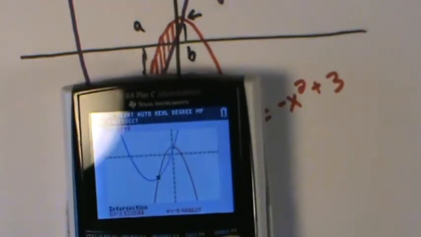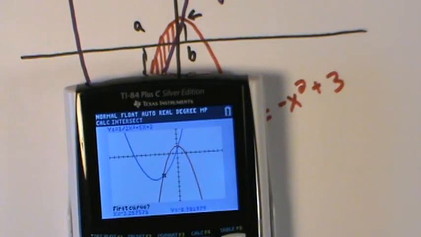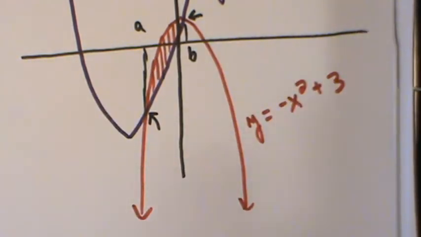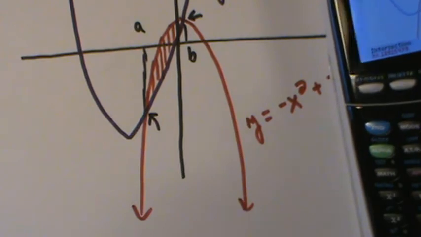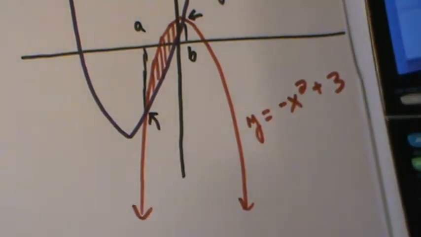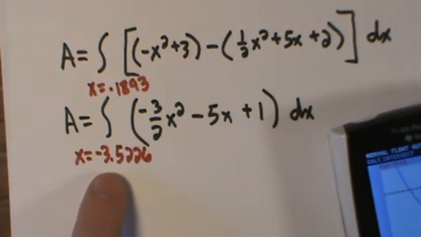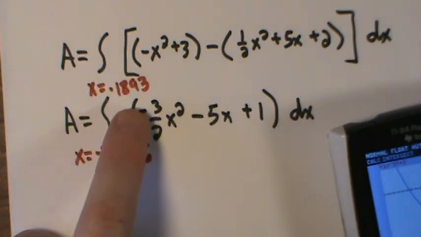Now I can go through the same process, second calc, option 5, choose the first curve, second curve, get close to that point of intersection, and that gives me a value of x equaling 0.1893. So I need to start at negative 3.5226 and end at 0.1893.